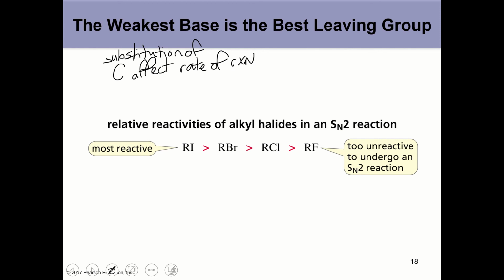All right, so the carbon of the alkyl halide that is bonded to the halide and its substitution and how that affects the rate of reaction. That's what we've just covered. The next thing that we're going to cover is how does the halide of the alkyl halide affect the rate of the reaction?